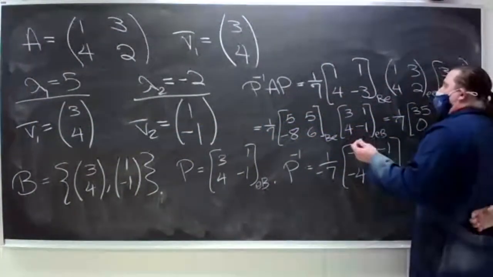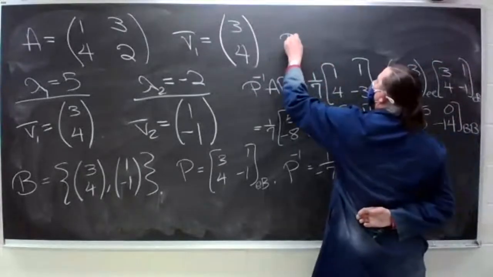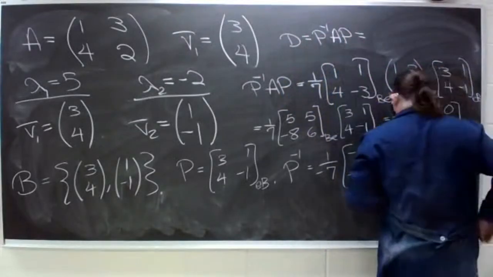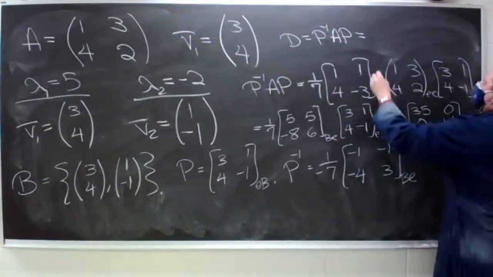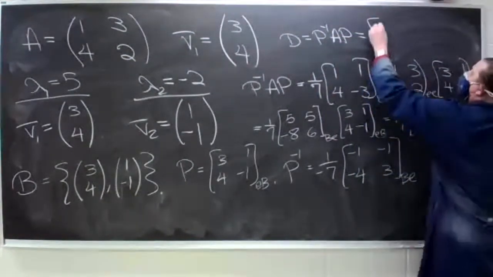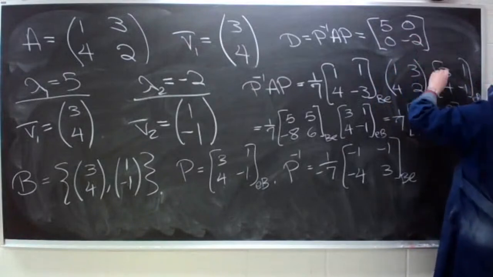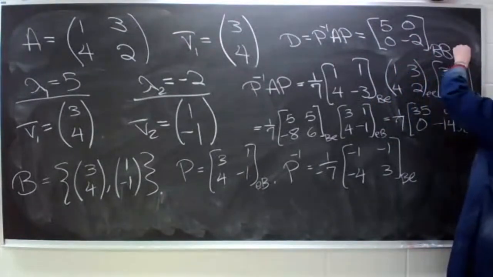So my P inverse AP, which I'm going to call matrix D, is 5, 0, 0, -2.